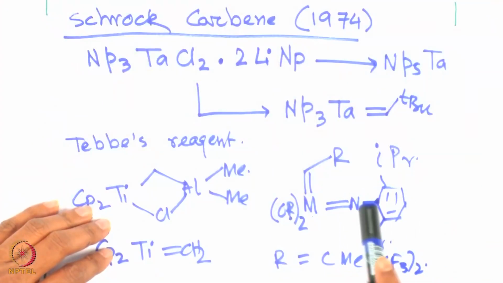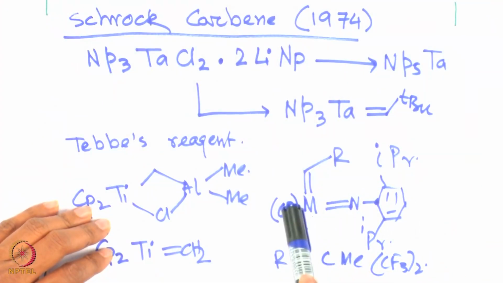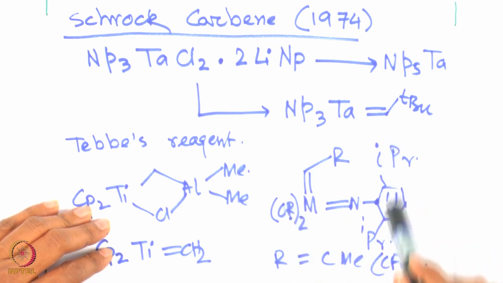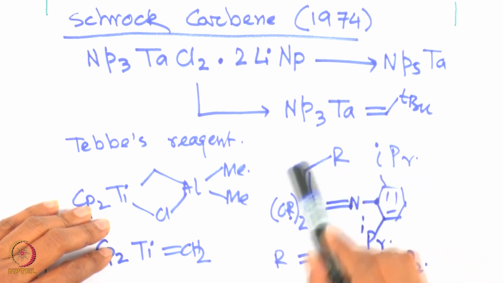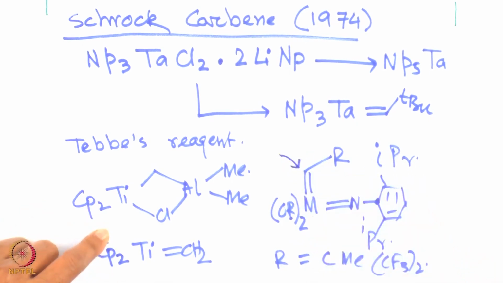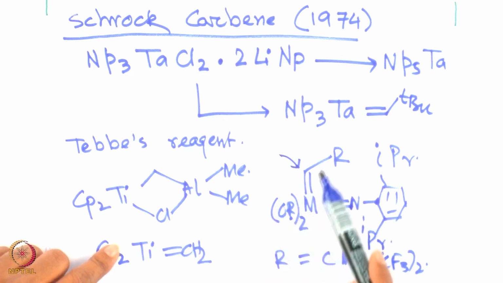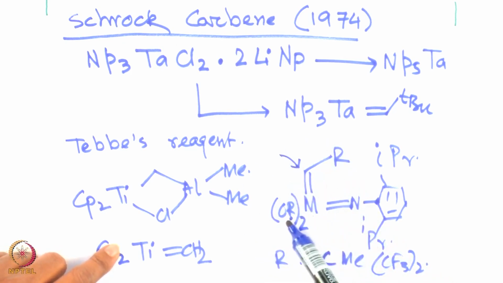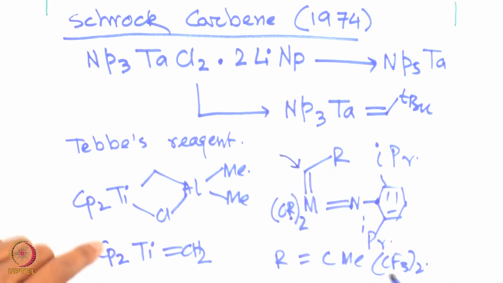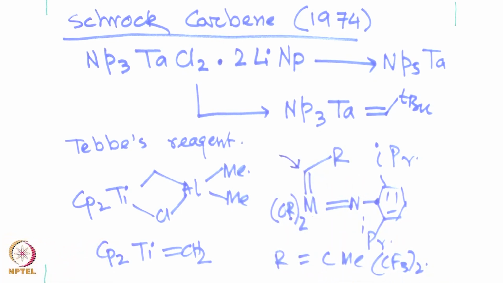As you have seen, we have the nitrogen associated with the molybdenum, and these two diisopropyls are bulky substituents on this amine, and we have the carbene center right over here, which is nucleophilic in nature, and as you have seen, there is no pi acceptor or pi donor ligand in the whole complex. We have the alkoxide complex where R is again a bulky tertiary carbon center with CMe(CF3)2.